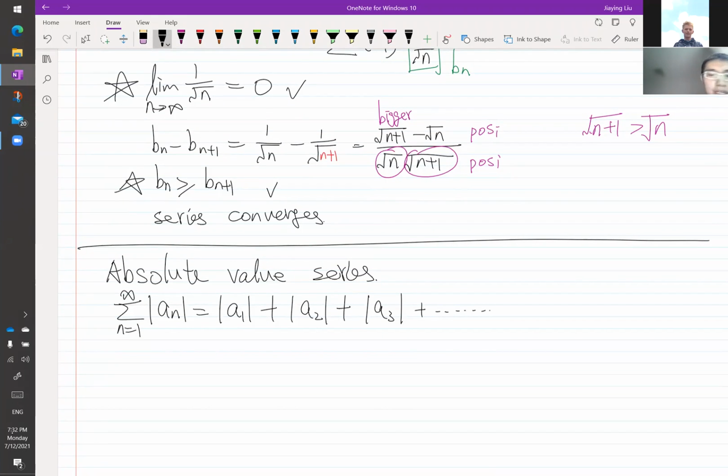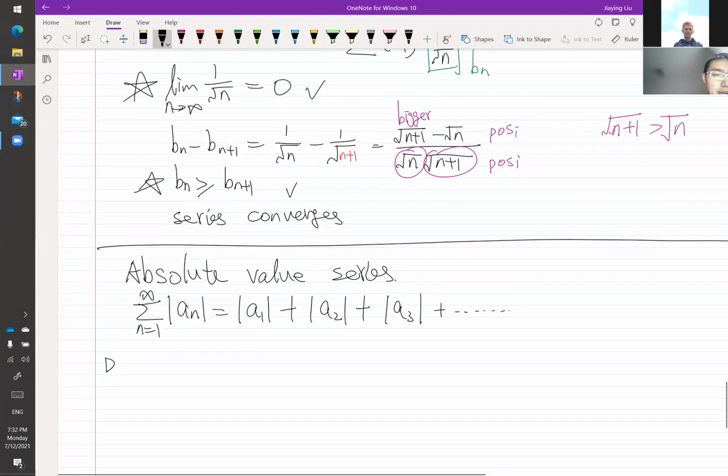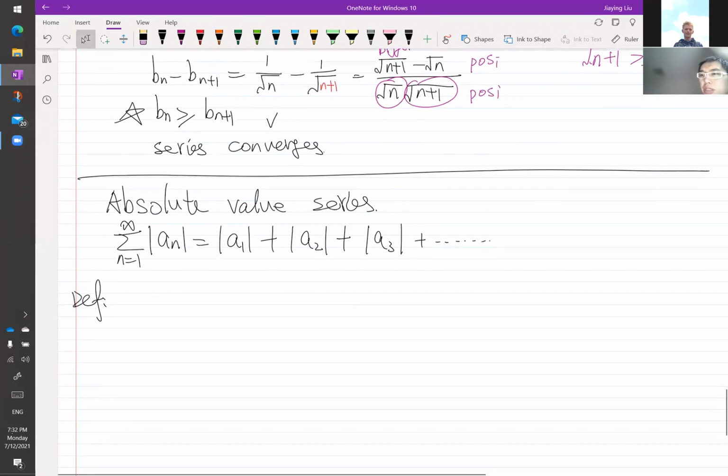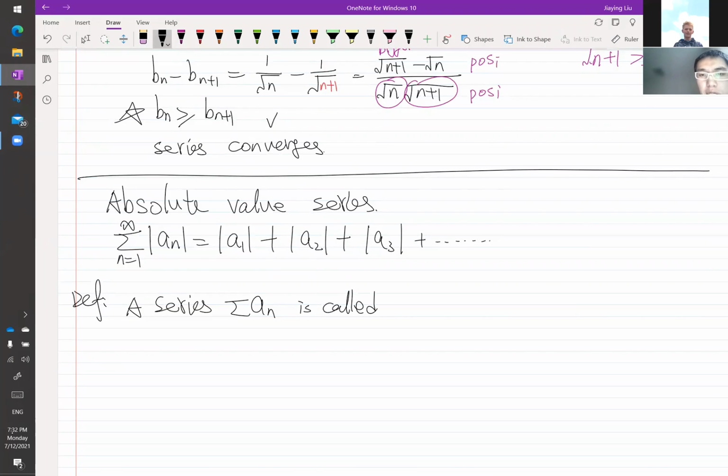And here's a definition. This is a new term that could be really confusing to you, but let me write it down first. So a series, just an without the absolute value, a series of an is called absolutely convergent. So this is different.